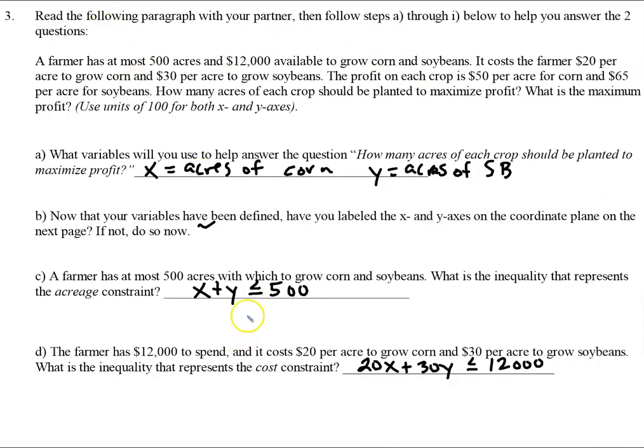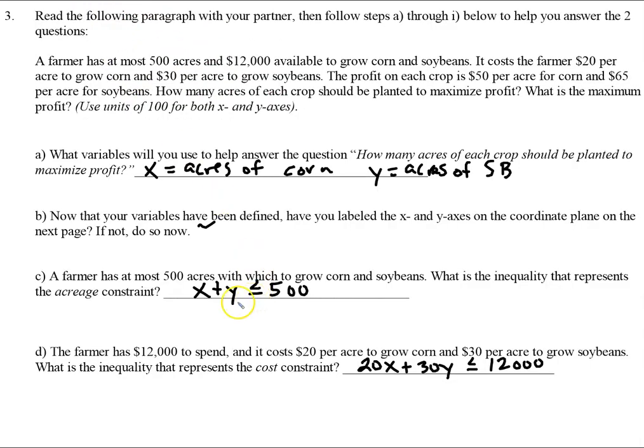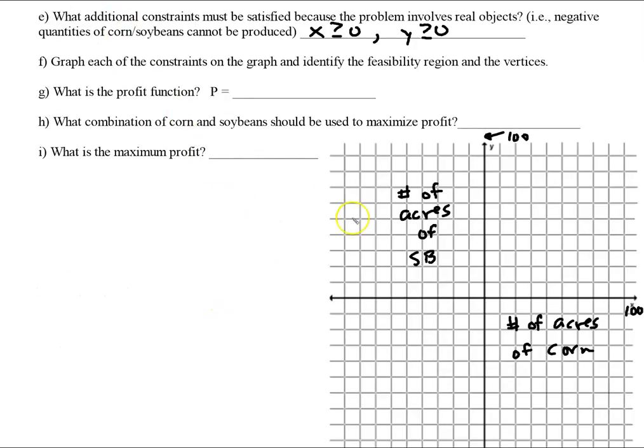Obviously, we're going to need to change our units. So I'm just going to make each of these axes in 100s. Each line represents actually 100. So for the line, let's do that in blue, this acreage constraint line, we have an X and a Y intercept of 500.